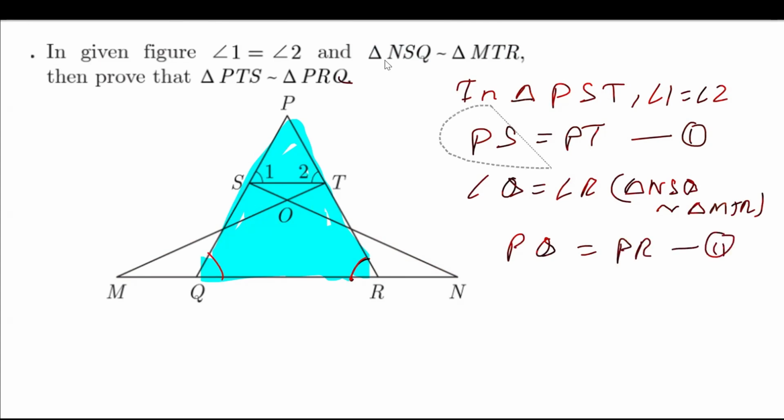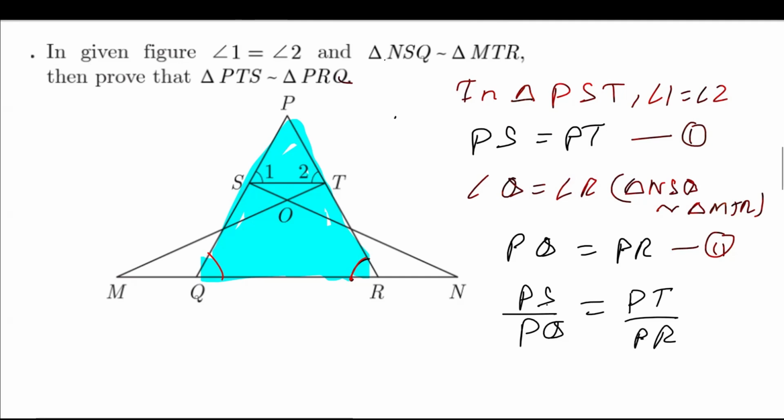Now we are going to use equation 1 and equation 2. On dividing these two equations, what do we get? We get PS over PQ is equal to PT over PR. So I divided these two equations.